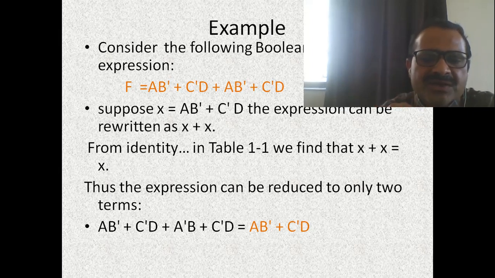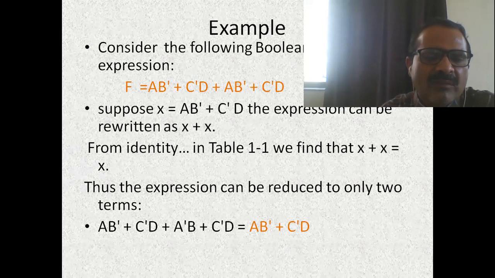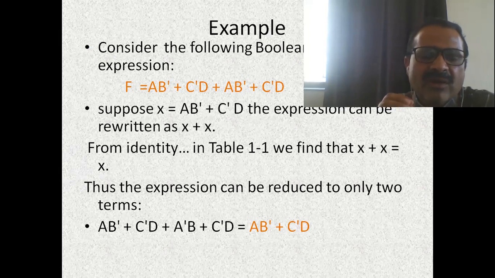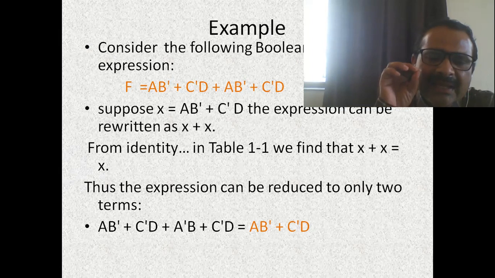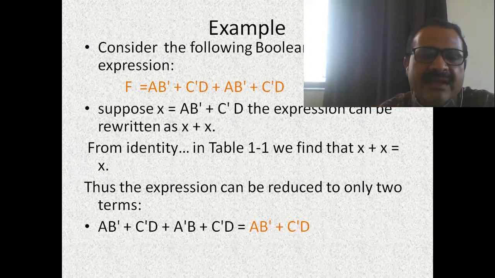This can be reduced to a simpler version of this expression, that is f is ab complement plus c complement d plus ab complement plus c complement d, which comes to the simpler version, that is x. And as we know, x is equal to ab complement plus c complement d.